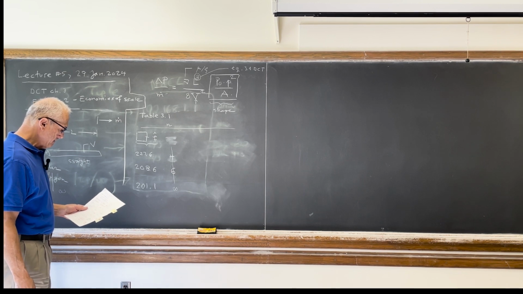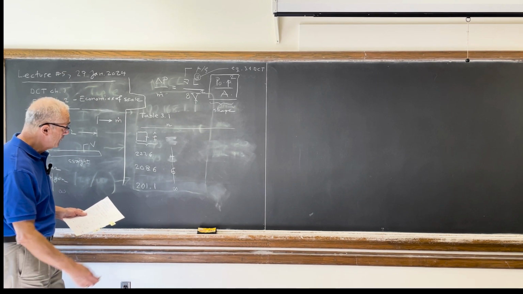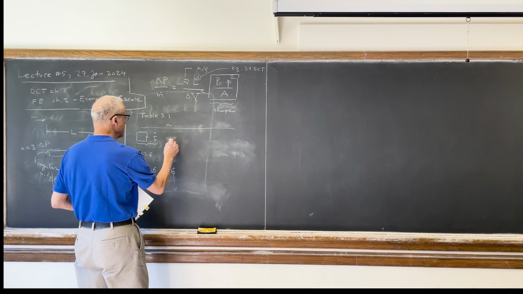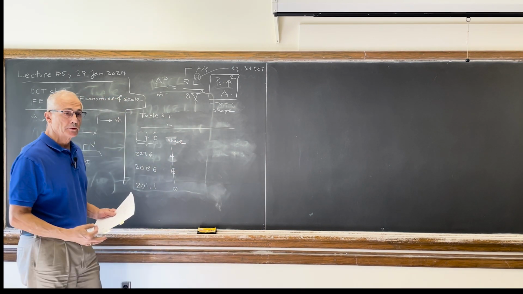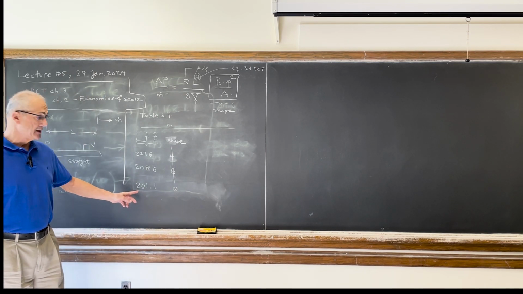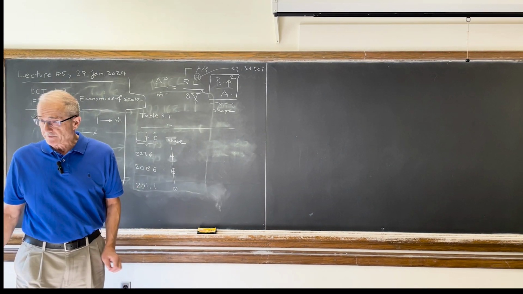And so, in this column, you have the shape, and over on the left-hand side is the degree of imperfection.